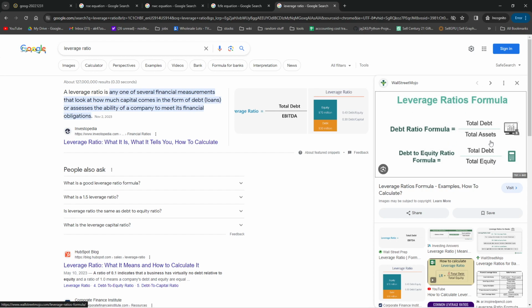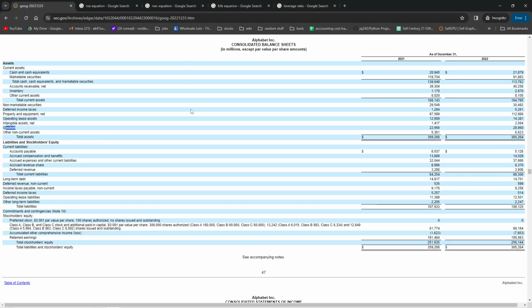This ratio right here, total debt over total equity and total debt over total assets, these are big on Wall Street, but the textbook will teach you total assets divided by total equity. This is basically a measure of how much debt the company has relative to other forms of capital. So you want to make sure that the leverage is fairly low, and we'll go into that a little bit further in a future video once we've explained the basics.